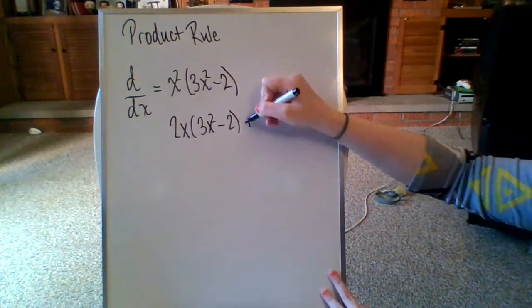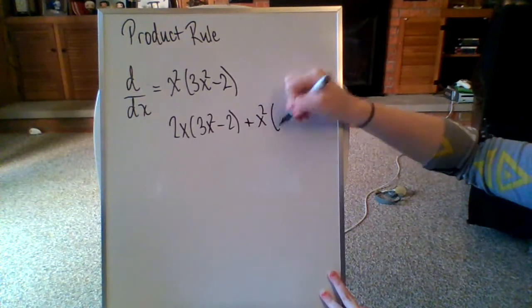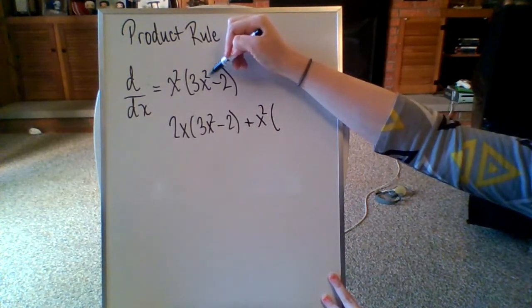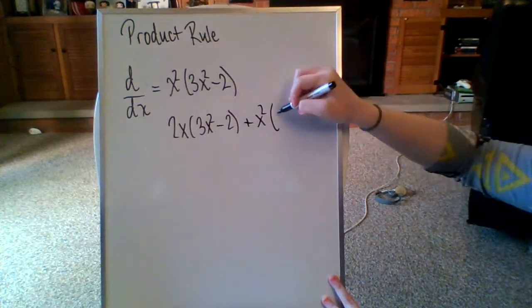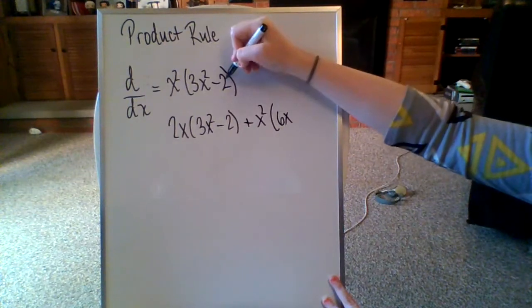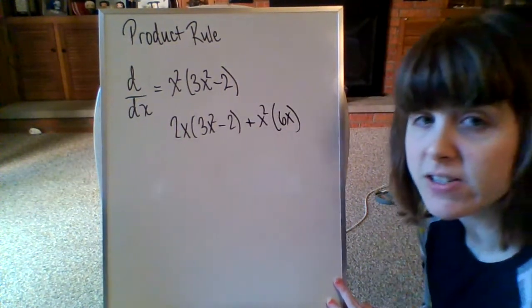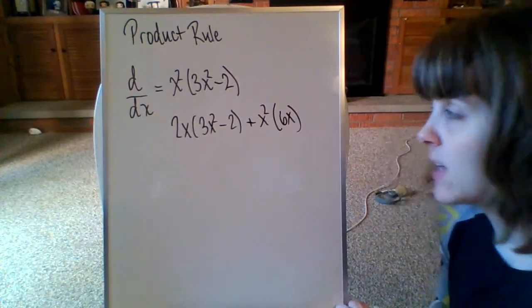Okay, then we're going to have plus the first part just as it is, x squared, times the derivative of the second part. And remember, this is the power rule, so you move this to the front, and that becomes 6x. And this is a constant, so its derivative is 0. So this is what we're going to start with. We're going to simplify it and find the final answer.